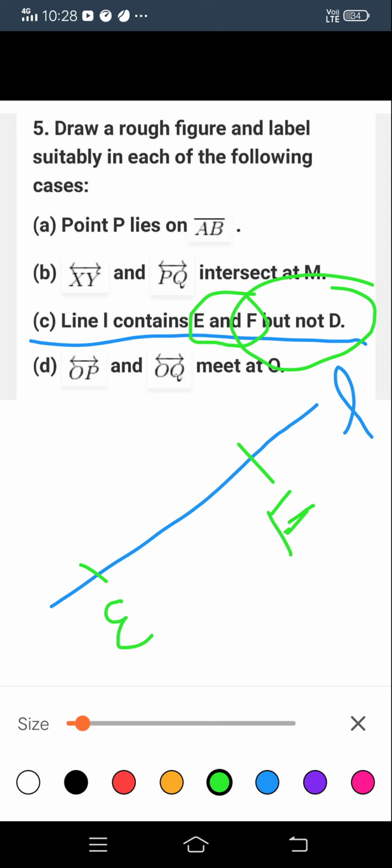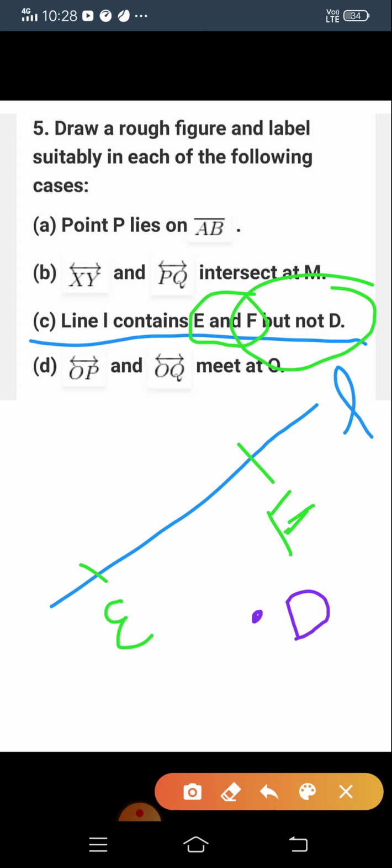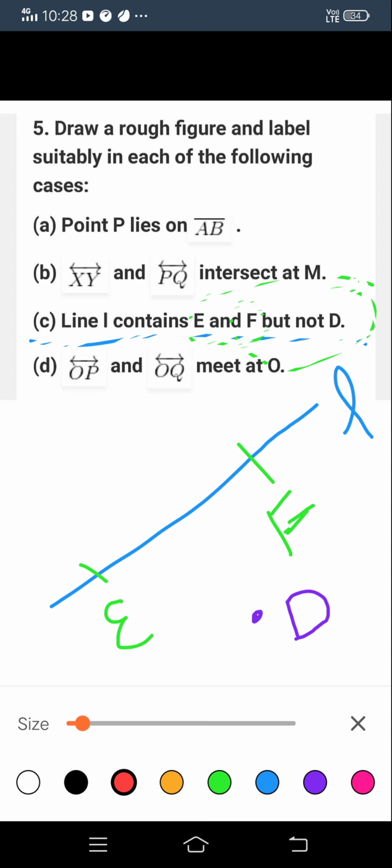So you have to draw a point and name it D. Okay. So again, see how your question is. First, line L consists of E and F. This is your line L. Line L consists of E and F points but not D, which means you have to draw D separately as a point.